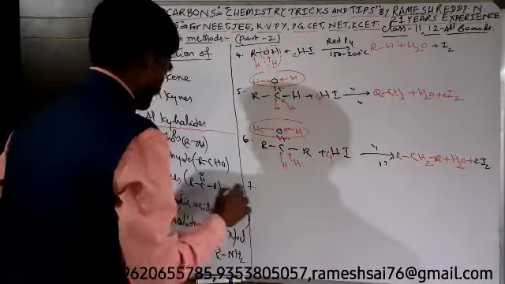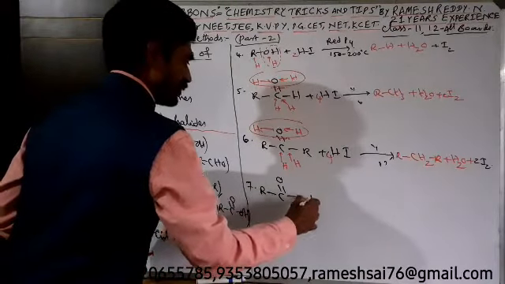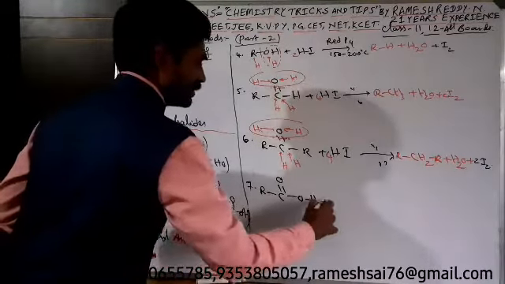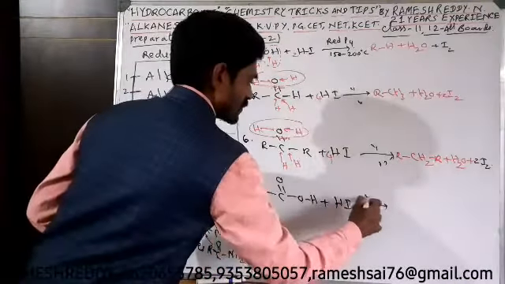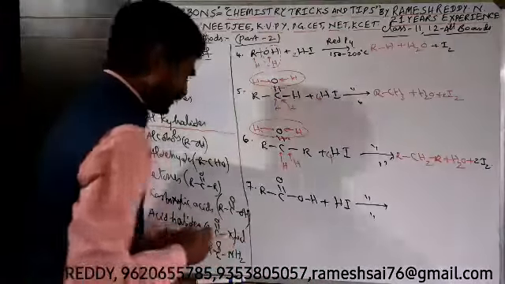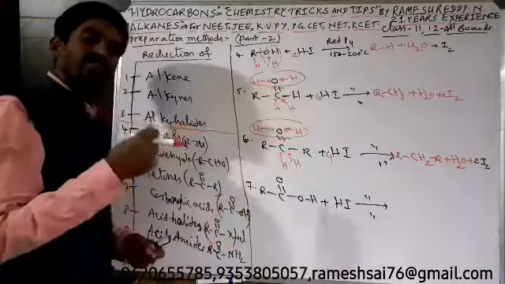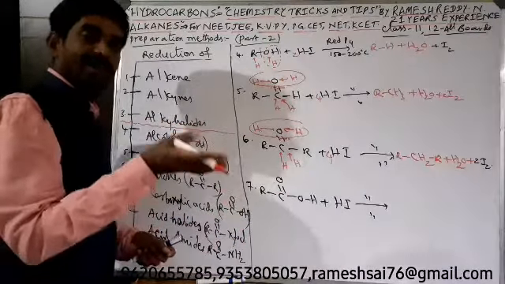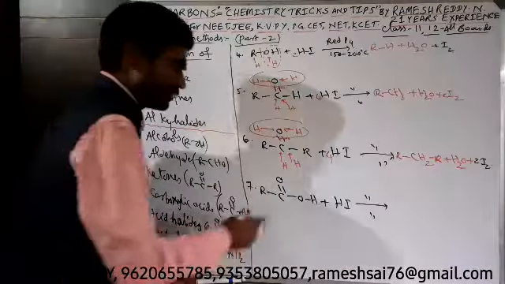Carboxylic acid, that is RCOOH. It also undergoes reduction by the use of HI and red phosphorus at 200 degrees Celsius temperature. What happens here? Here also, wherever oxygen is there on the carbon-oxygen bond, you have to remove it, eliminate it, and add hydrogen. That is reduction, also called hydrogenation.